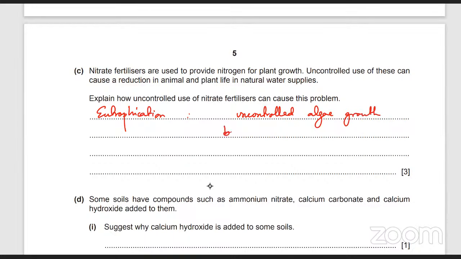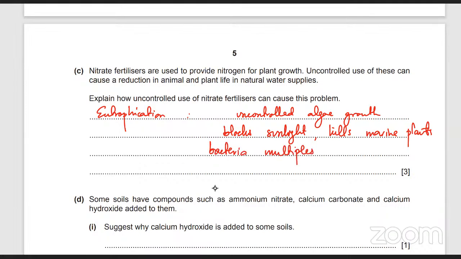Which ends up blocking sunlight, which eventually kills marine plants. And bacteria multiply because of the dead plants, because they feed on dead plants.